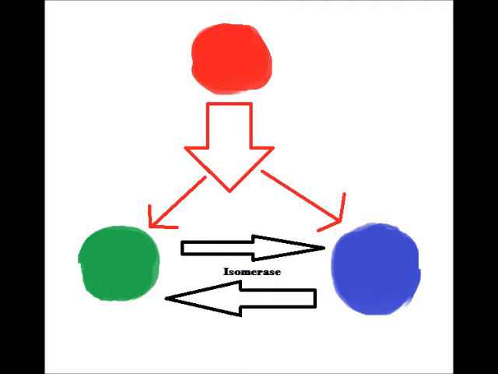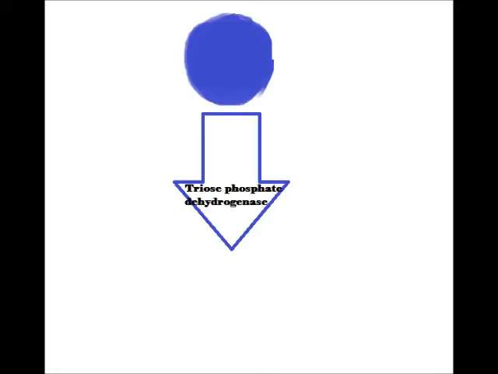But isomerase makes sure that there is enough production of both of them, and glyceraldehyde 3-phosphate is taken as fast as it's made. But because the only one that's needed in the process is the glyceraldehyde 3-phosphate, there's never an equilibrium, which is good because it means that you're not going to die, basically.